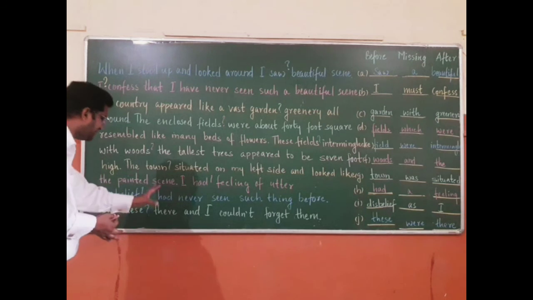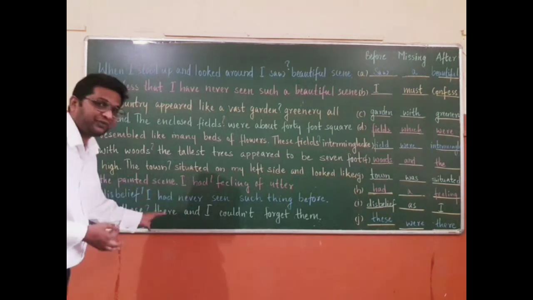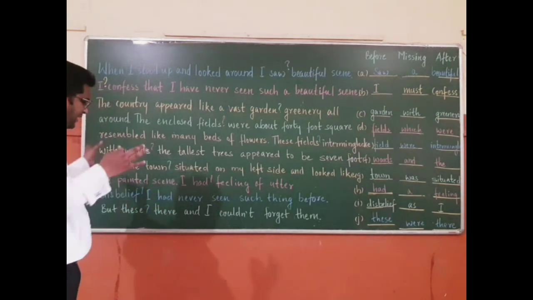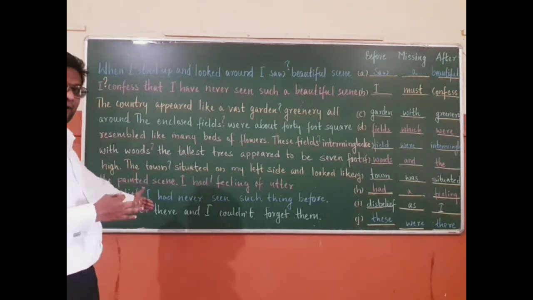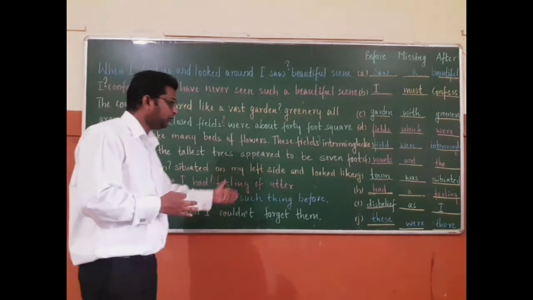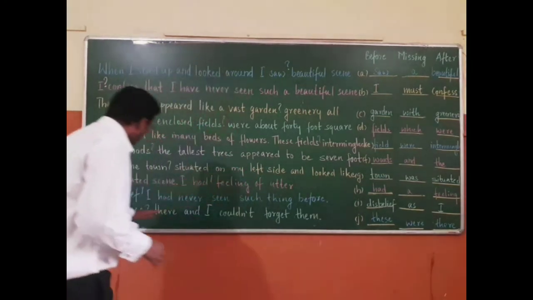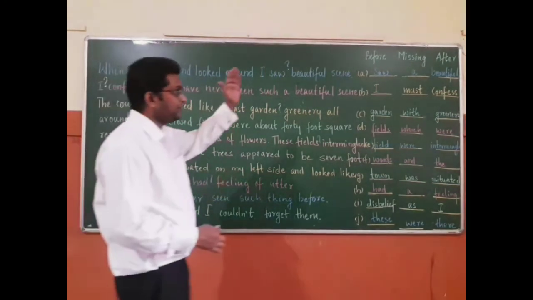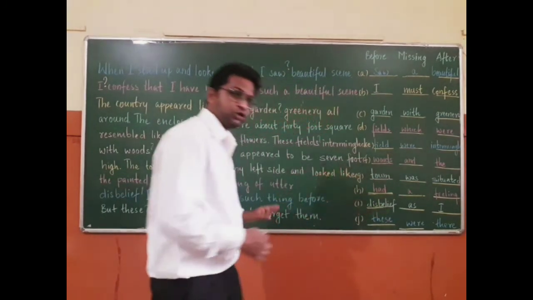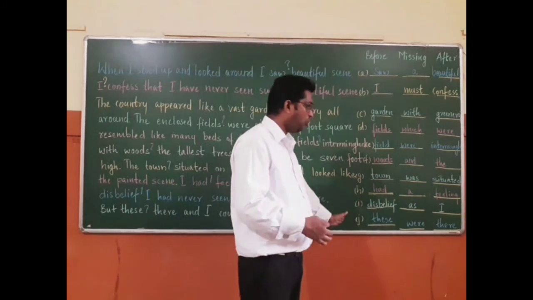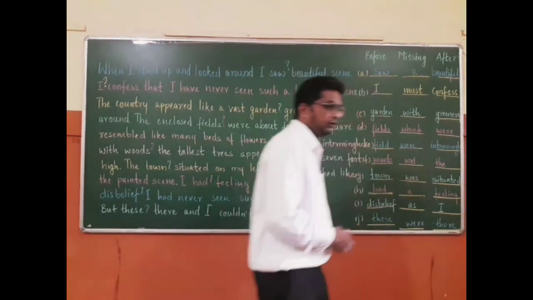There is nothing that connects these and there. So what can be that word? These were there and I couldn't forget them. So the word were is missing here. In the missing word we will write were. These will come before and there will come after.